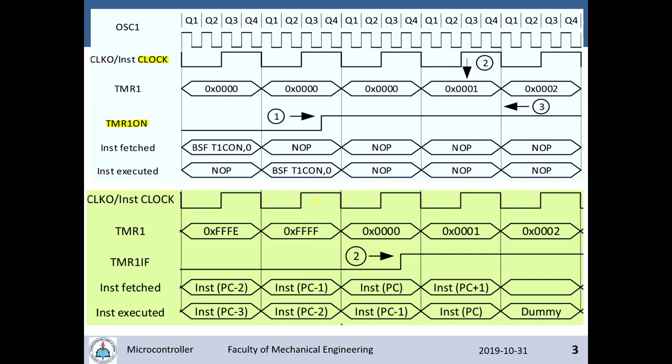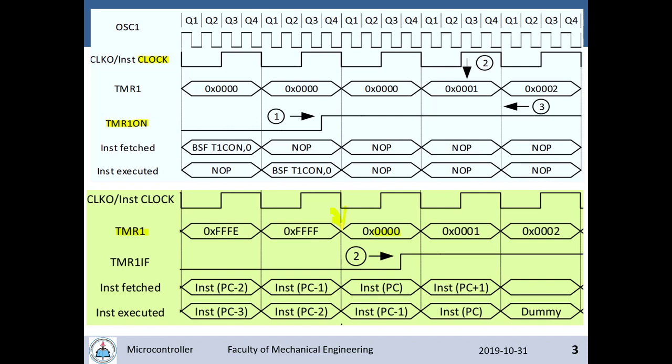And so on. At the end of the increment, for example Timer 1, which is 16 bit, the maximum value would be FFFF. Then when you generate one more pulse, it will reset to 0000. We call this event the overflow.